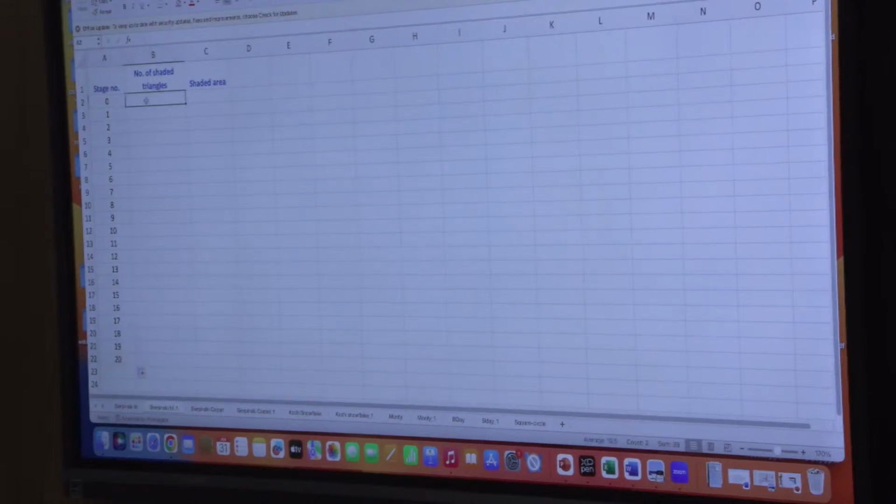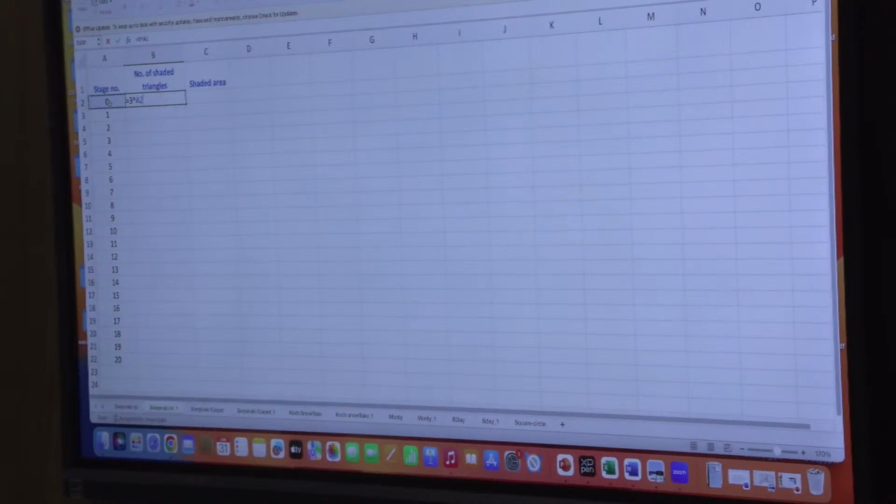Now, we've already observed that the number of shaded triangles is 3 raised to the stage number, right? So we enter here 3 raised to, and just click on the stage number, because the stage number is fed into this column.